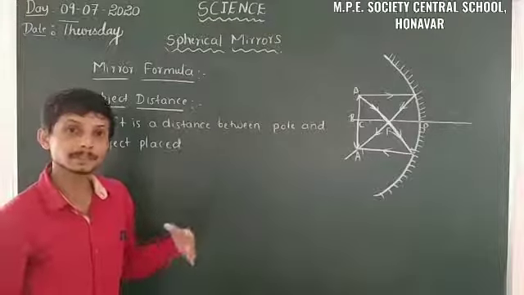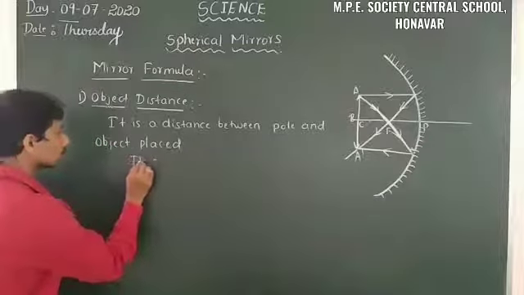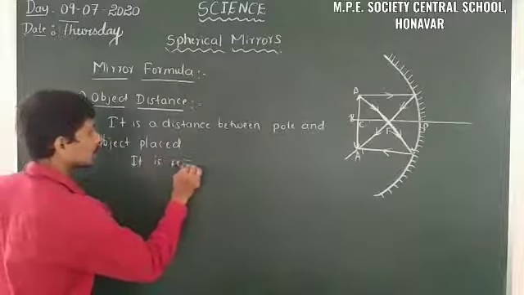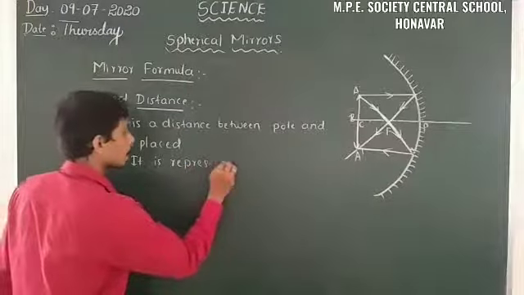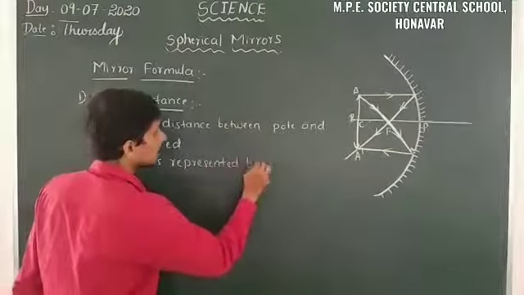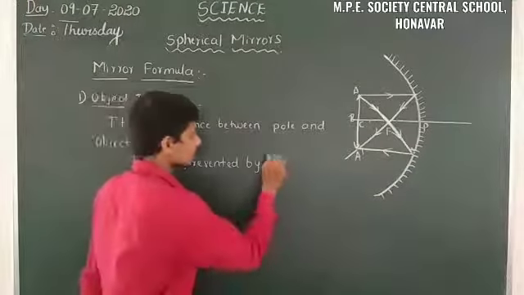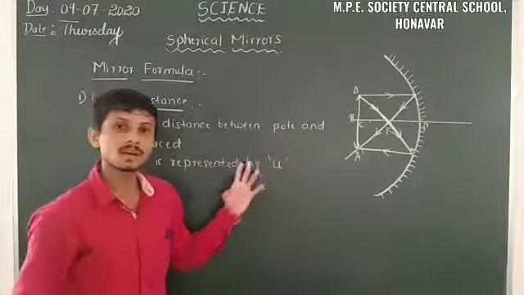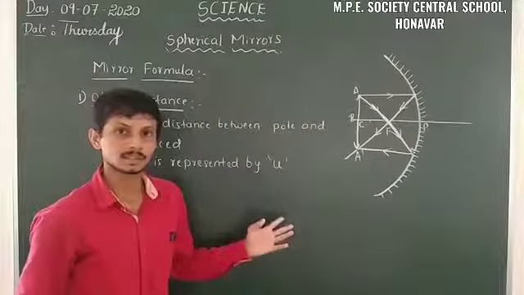It is represented by the letter U. So U is the object distance.